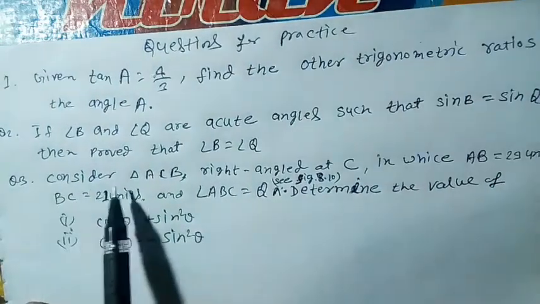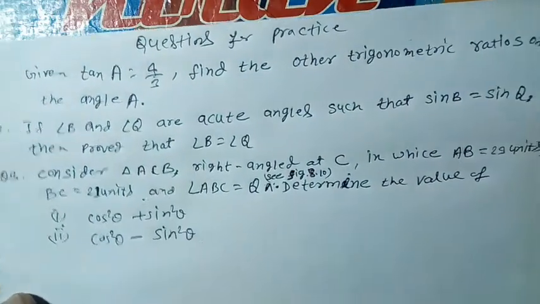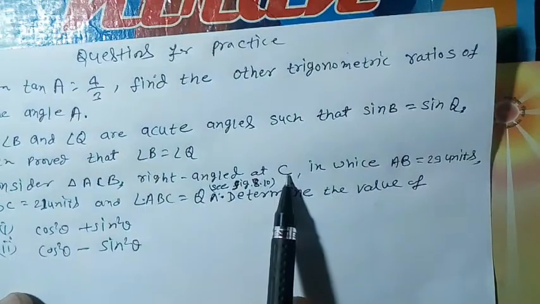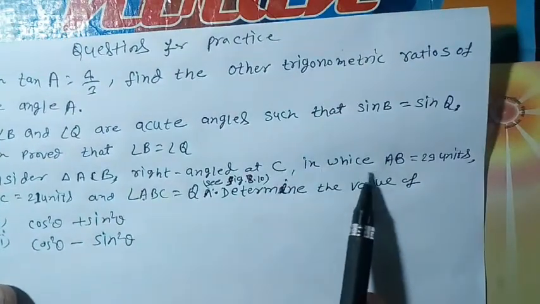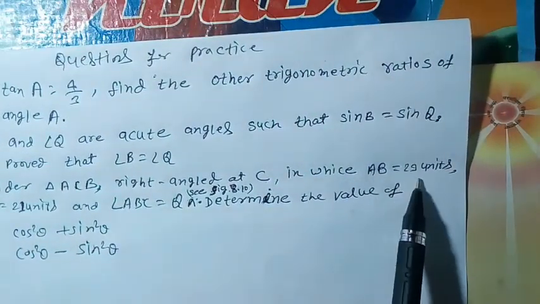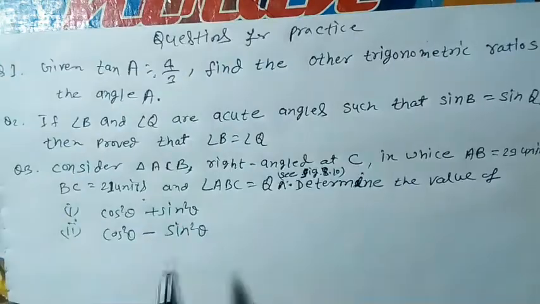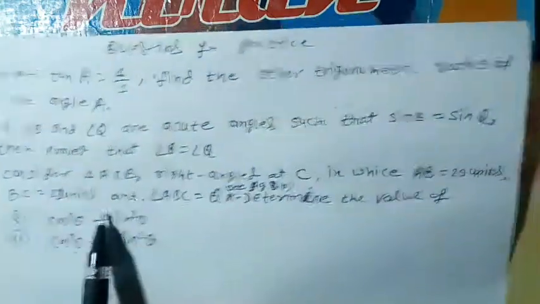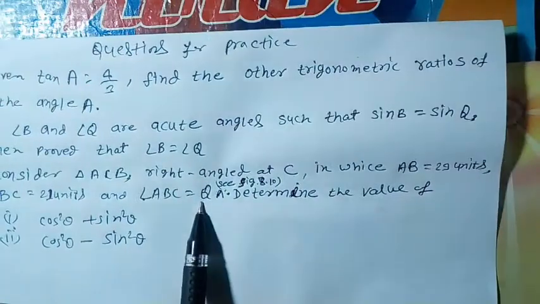Question number 3, consider triangle ACB right angled at C in which AB is equal to 29 units, BC is equal to 21 units and angle ACB is equal to theta.